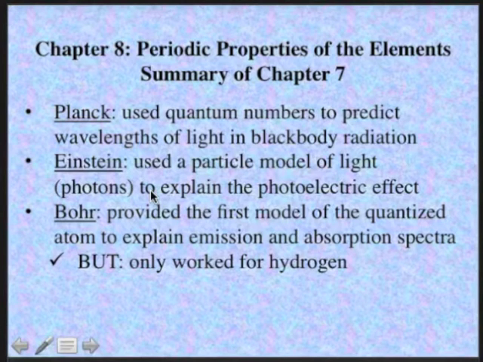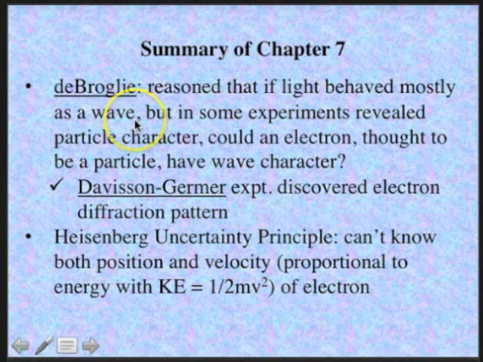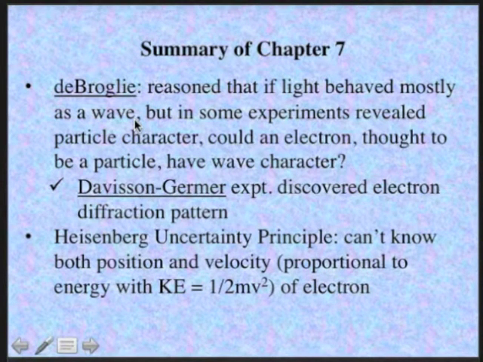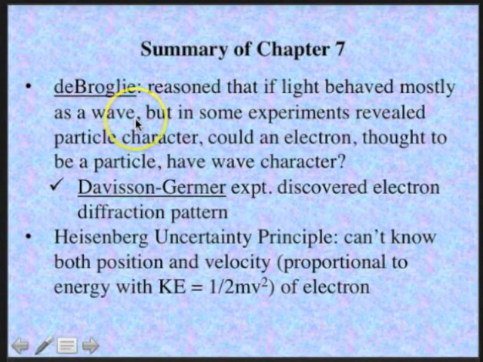only worked for hydrogen. De Broglie reasoned that if light behaved mostly as a wave, but in some experiments revealed particle character, could an electron, thought to be a particle, have wave character? Davisson and Germer did an experiment and discovered that a beam of electrons could be diffracted.